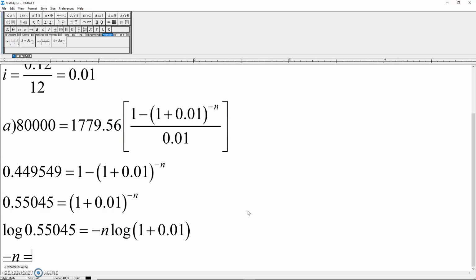So you get negative 59.99, and the negative can be nullified, so let's just cancel the negative.